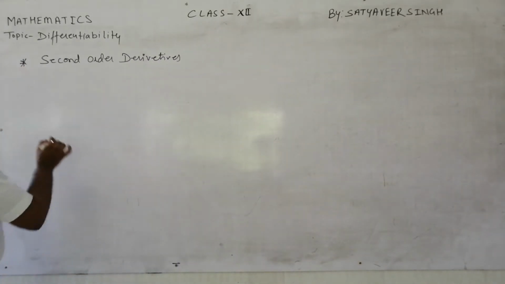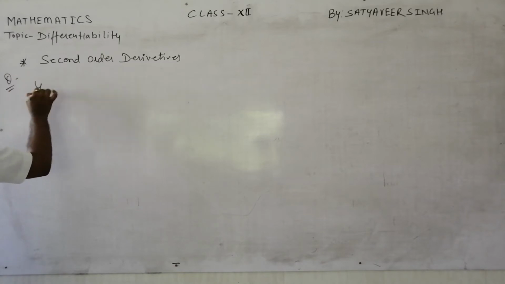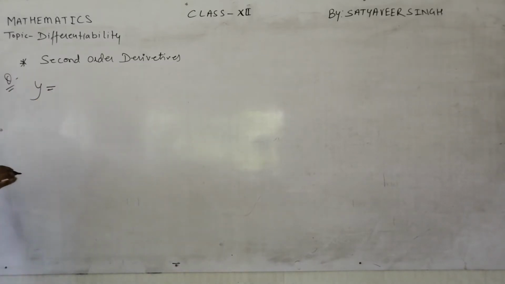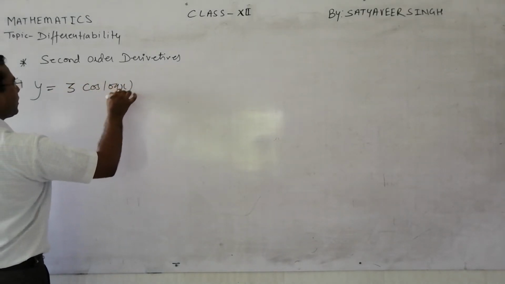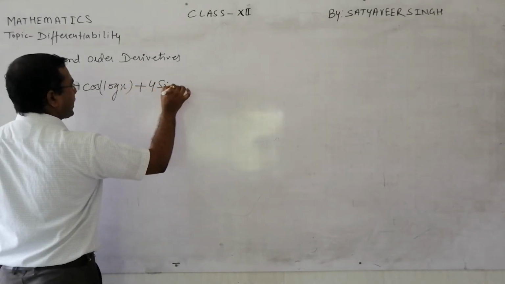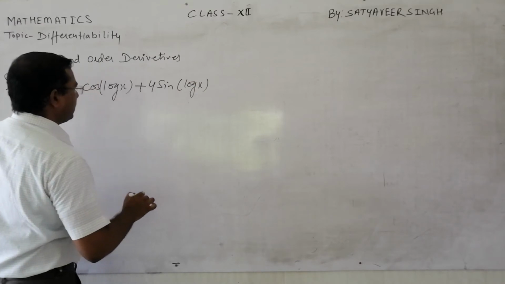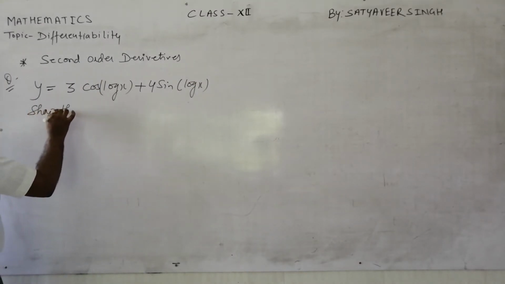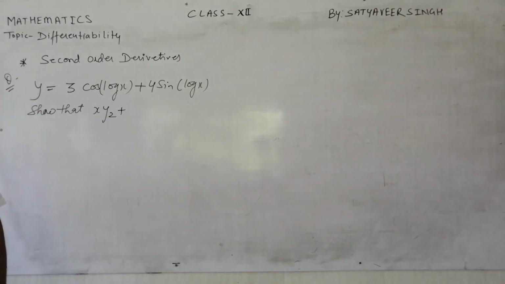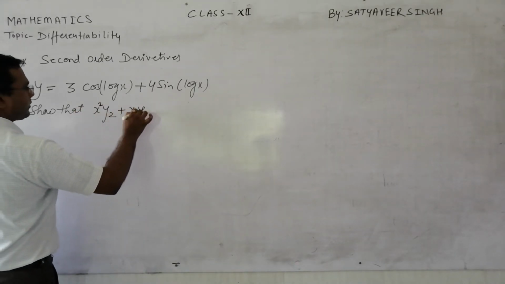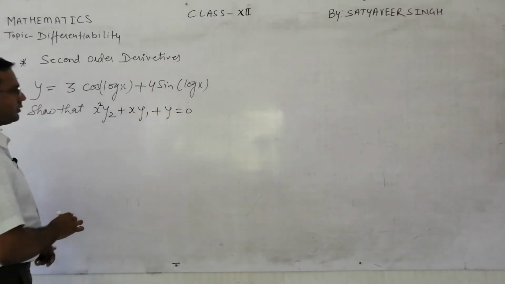It is given y is equal to 3 cos log x plus 4 sin log x, and you need to show that x square y2 plus x y1 plus y is equal to 0.